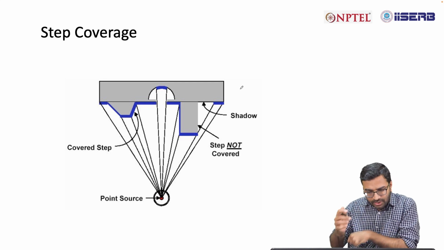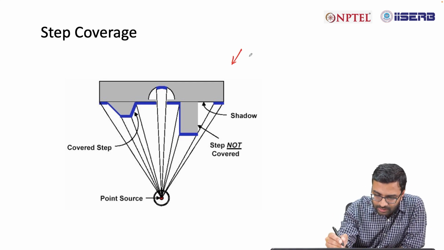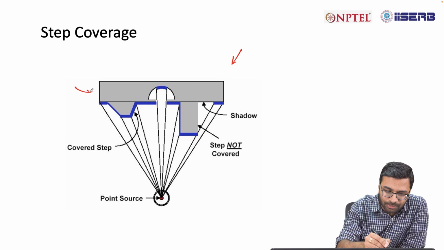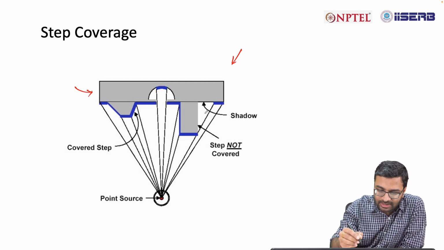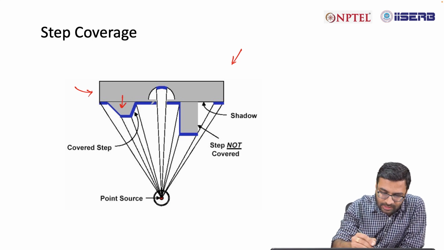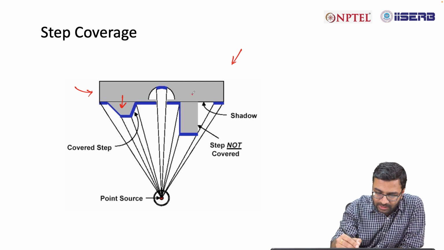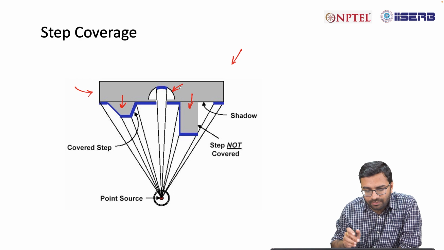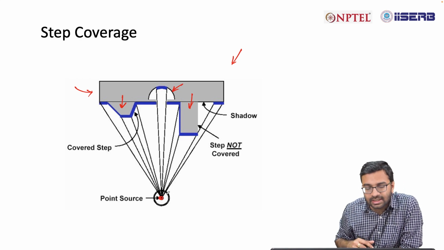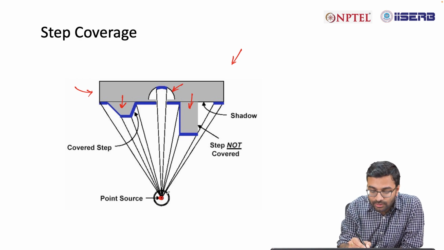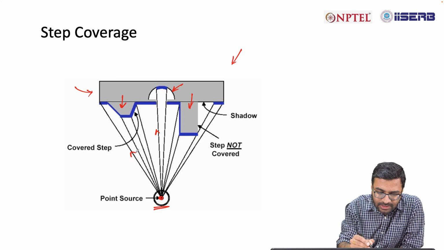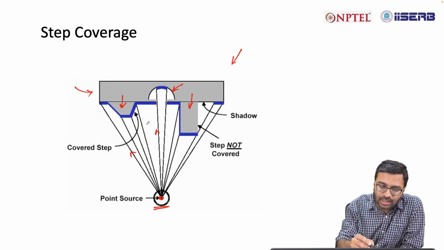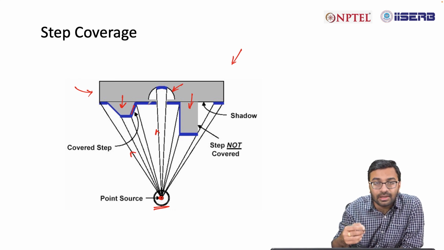Now what is step coverage? In this image it is much clearer. For example, if you have a substrate which has different patterns like this, as shown, here there is a certain sort of pattern, here there is a pattern, and then there is a groove in this. Now if there is a point source, which is the case in PVD, and the deposition is directional, you will find that deposition at different sites will be different.